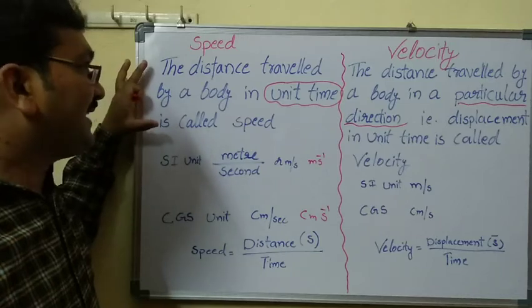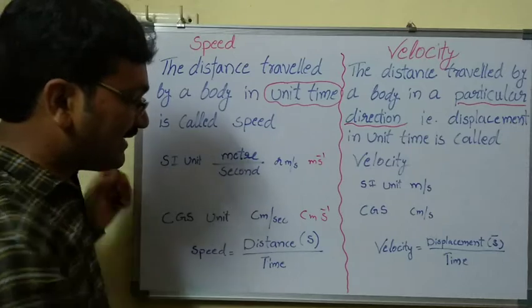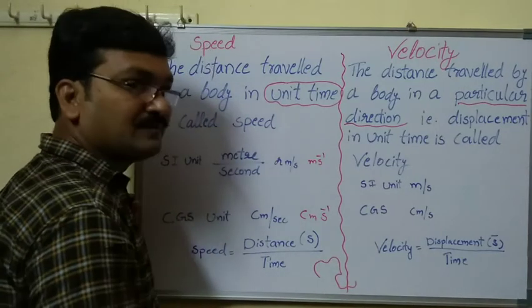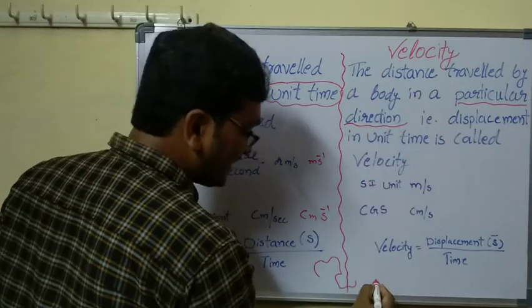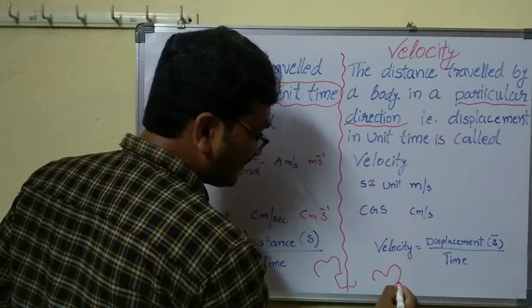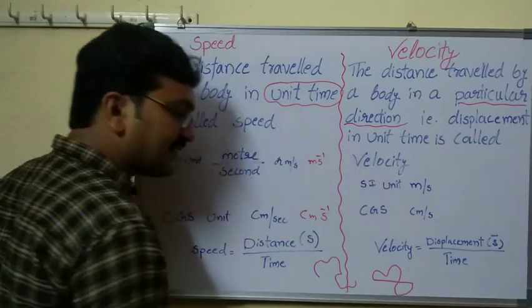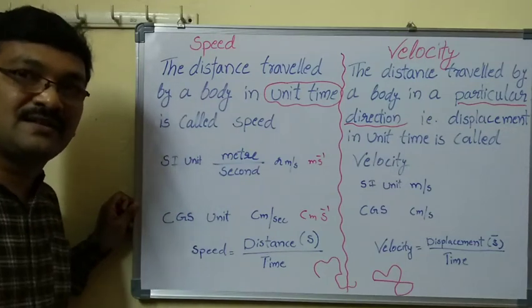Speed is a scalar. If an ant goes from here to here along a path, that is speed. For velocity, we take the initial to final position, the shortest distance, and that is the displacement.